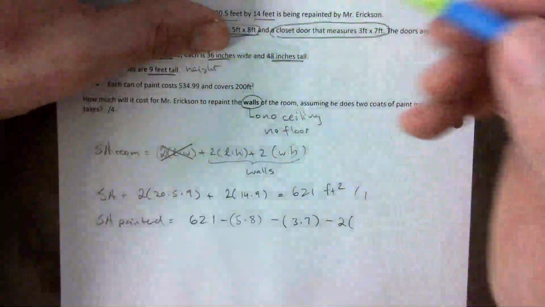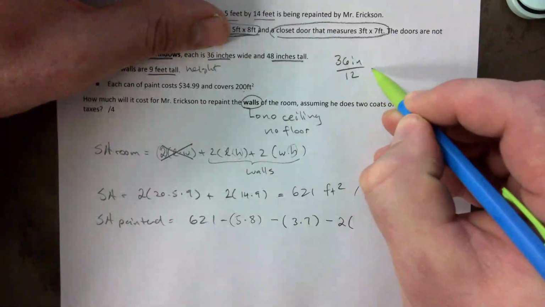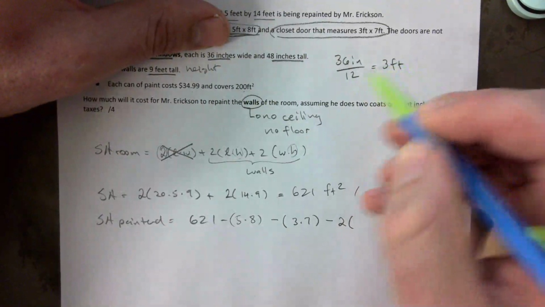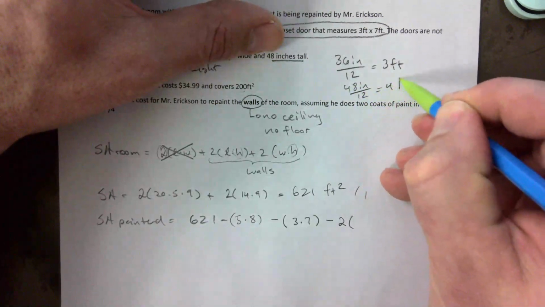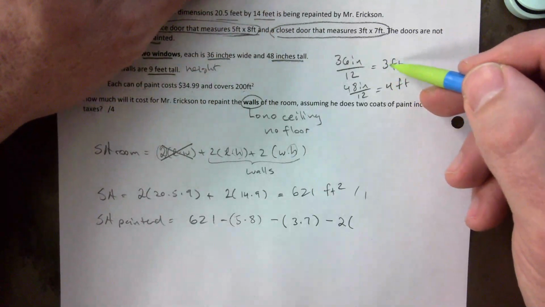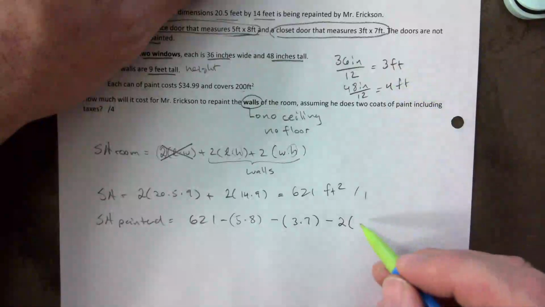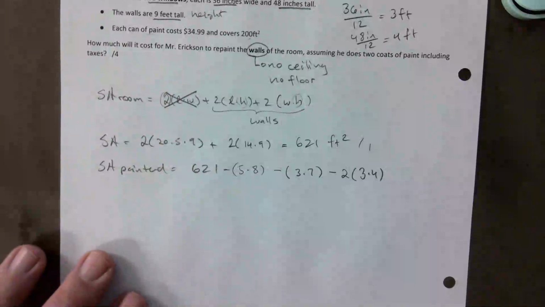It's in inches. What's the trick? If it's in inches, just go divide it by 12, right? So that's 3 feet, and 48 inches divided by 12, that's 4 feet. So I made it fairly easy for you to convert. So it's two windows that measure 3 by 4. And if you were with me in grade 11 applied, we've done this, okay?